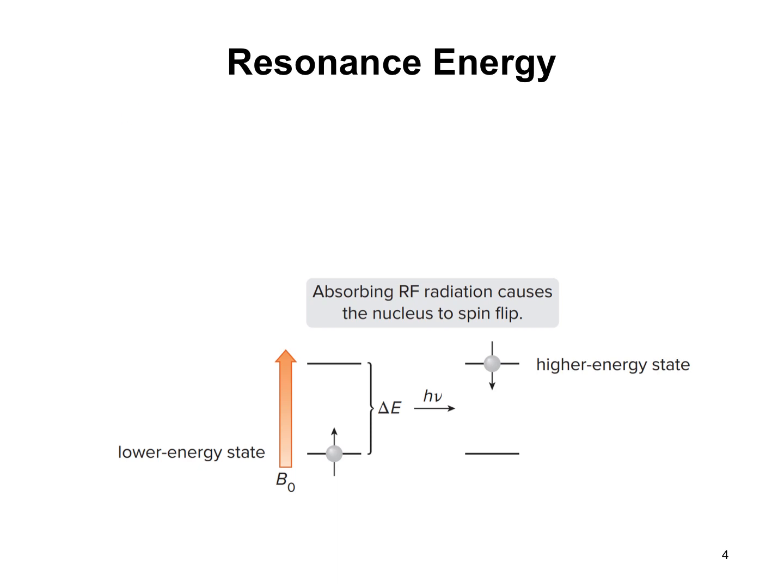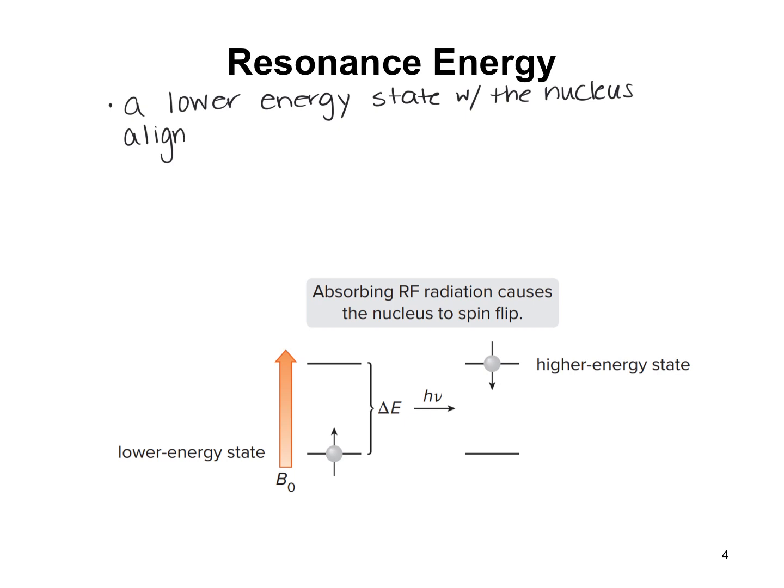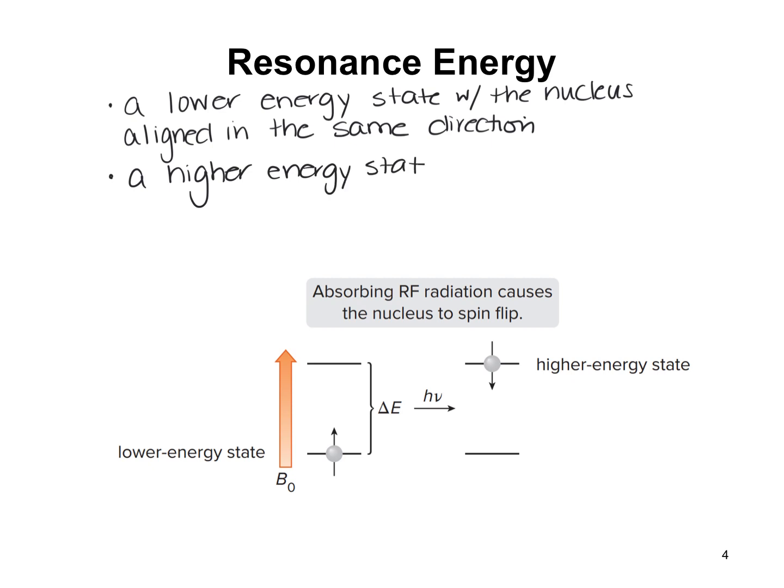A lower energy state is where the nucleus is aligned in the same direction as the magnetic field, B naught.